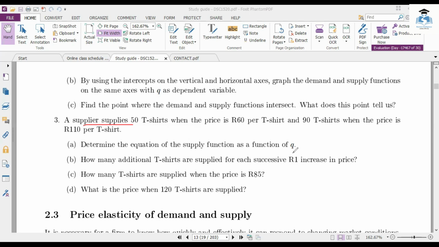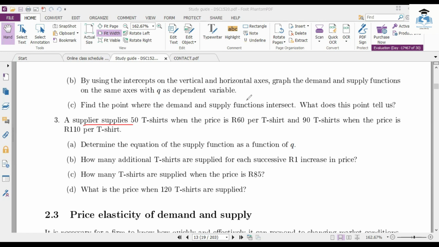So we have a supplier who supplies 50 t-shirts when the price is 60. Remember, we say the coordinates for the supply will be what? Price, quantity.